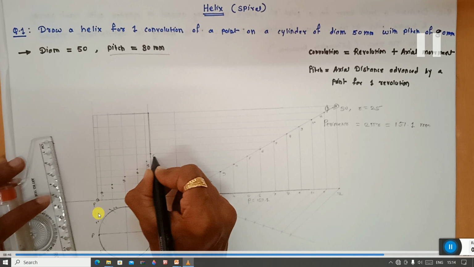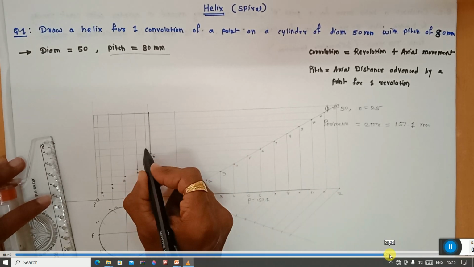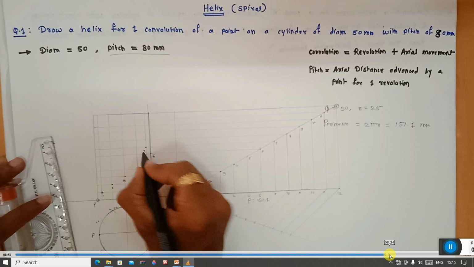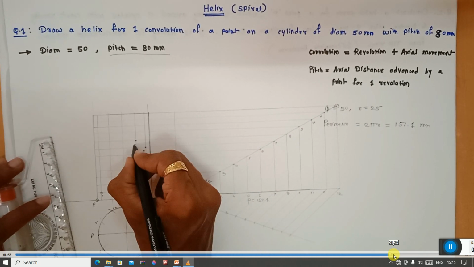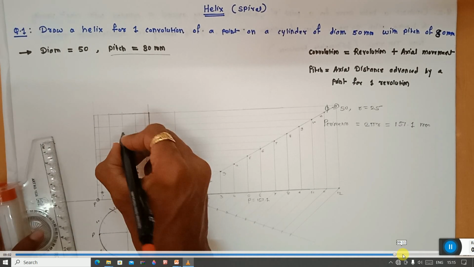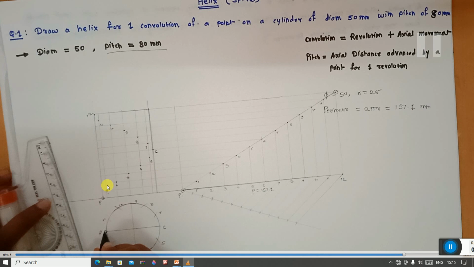So after half revolution the point P will shift exactly to the right side. So this is the 6th position of the point. So in this way, mark all these points.